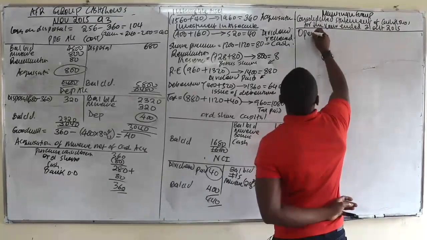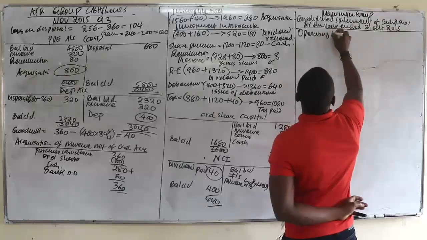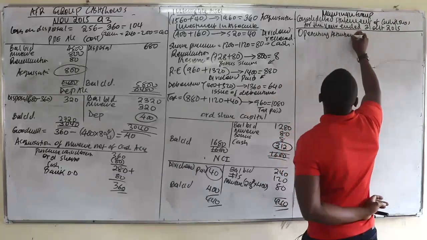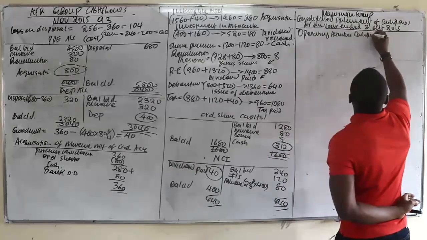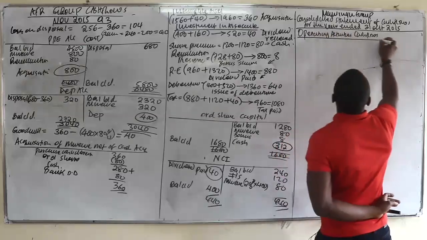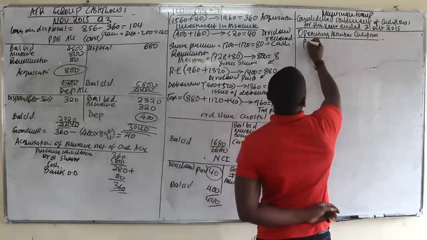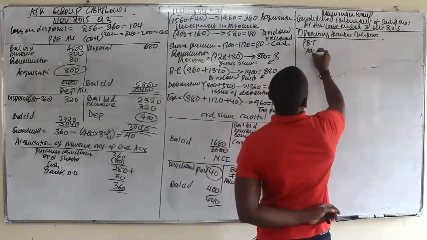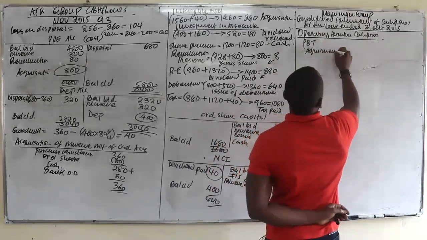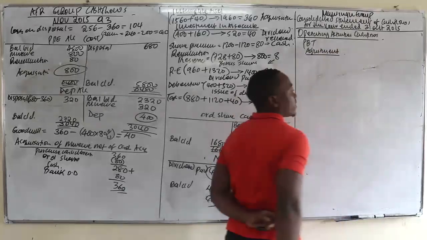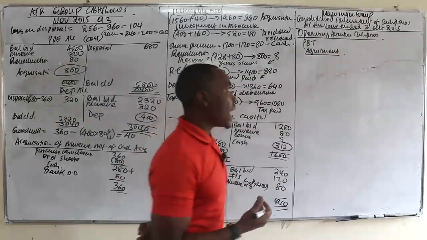Start with the operating activities cash flows. What do you start with? Profit before tax. Then you go to the adjustments. You adjust for non-cash items and non-operating items.